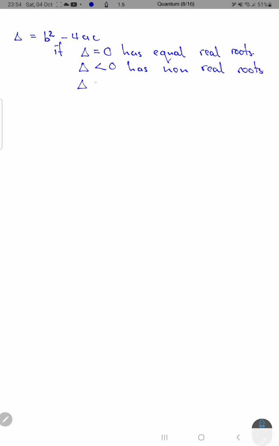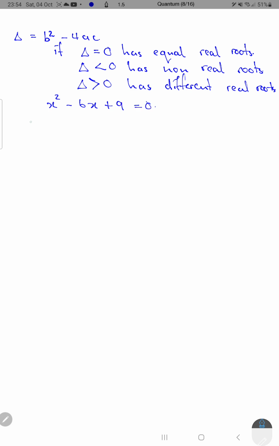If my delta is greater than 0, here's different real roots. So let's check if I have the roots or not for x squared minus 6x plus 9 equals 0.